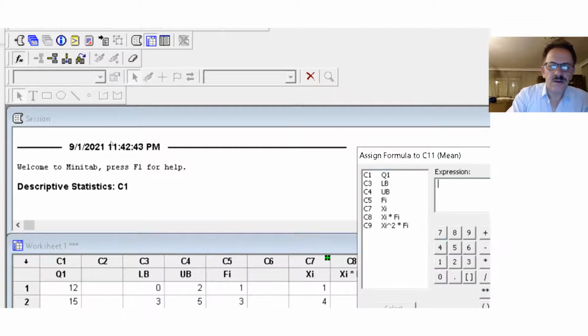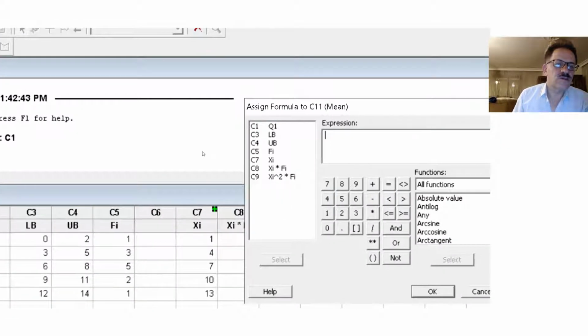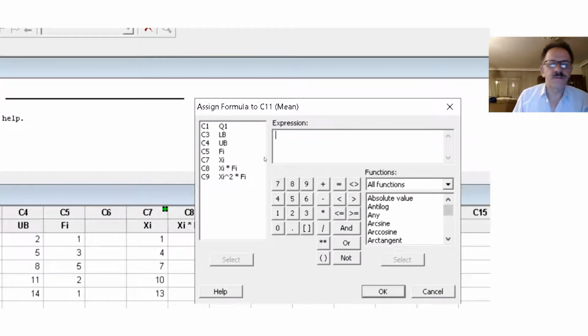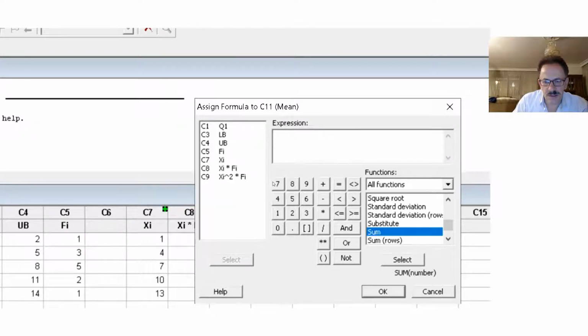I will say the formula or the function of this column is to be a summation of xi fi, and this is very important. First of all, you have to go to the command of summation. Yeah, here's the sum. I will select this one. Sum of what? Sum of xi fi.